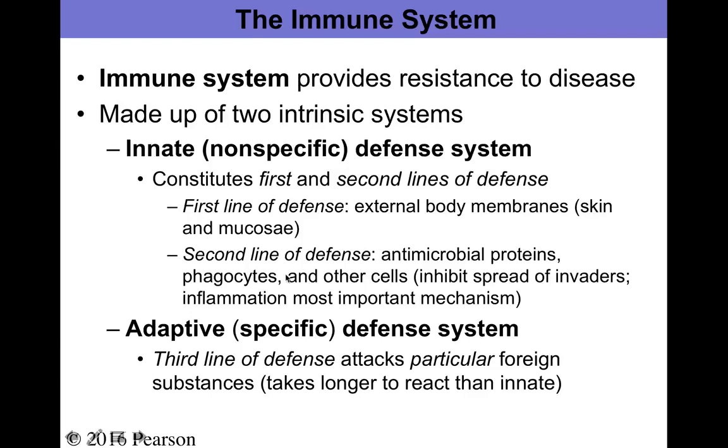Then the second line of defense comes into act, where you have phagocytosis and other mechanisms such as inflammation and fever to prevent the spread of the infection. Now, while the innate immunity is at work, you're slowly activating your adaptive or specific defense system for the longer run and making sure that the infection is going to be completely removed.